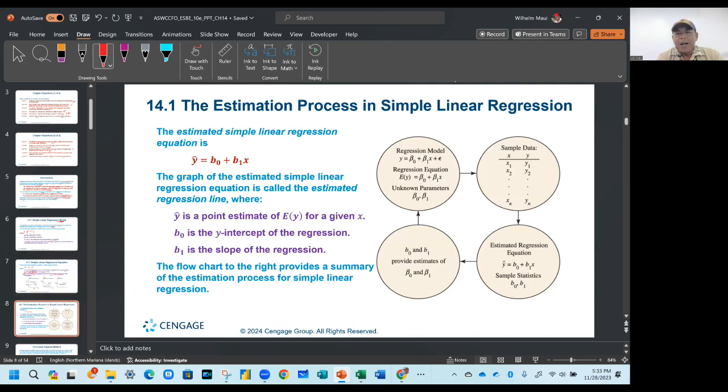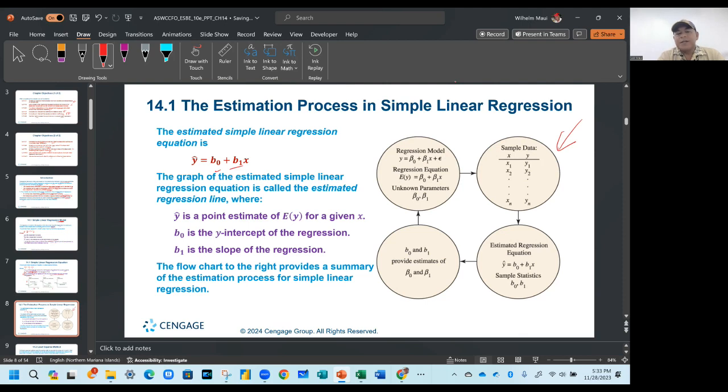This is a good model for the process. The estimated simple linear regression equation: you're going to be estimating a line that plots the y values and minimizes the variance between that line and the individual observed values of y. So y hat is equal to b0 plus b1 times x.